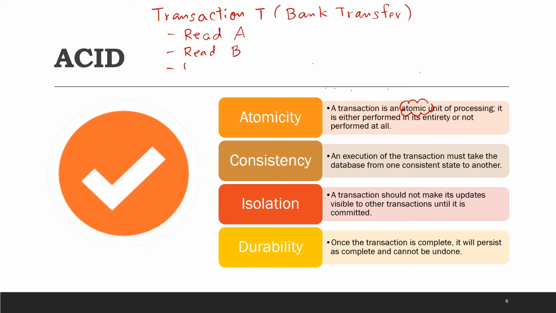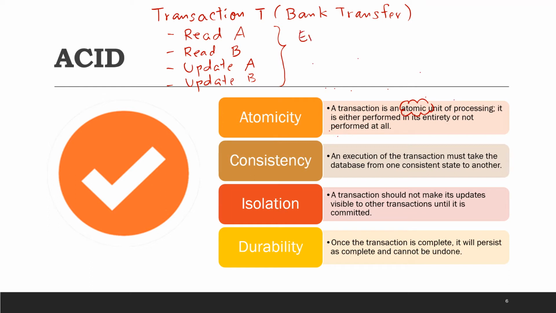Then we update account A by reducing the amount of the transfer, and then we update account B by increasing the amount of the transfer. So atomicity ensures that when a transaction T is performed, the whole transaction, that means these four operations, must execute successfully in its entirety: first read A, then read B, then update A, then update B.